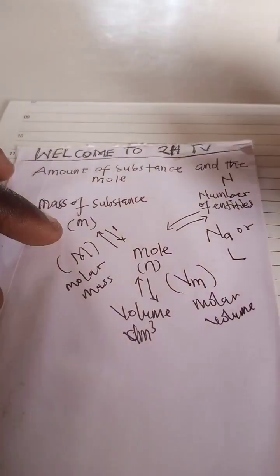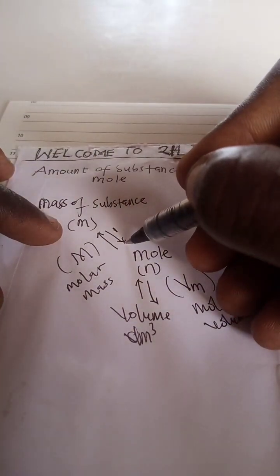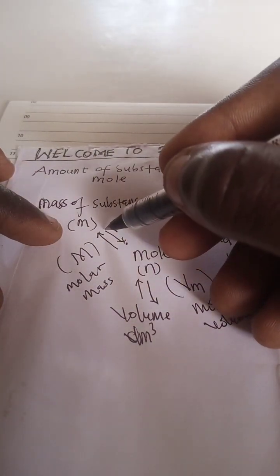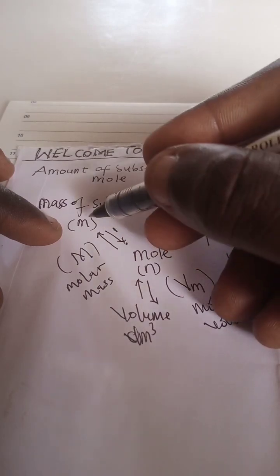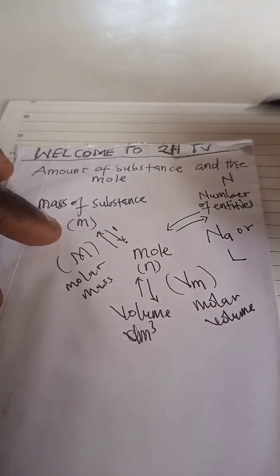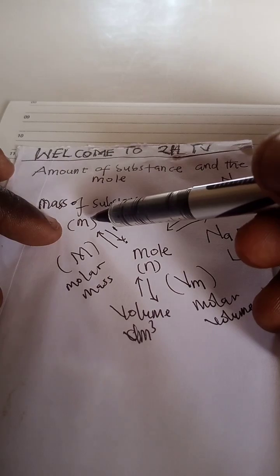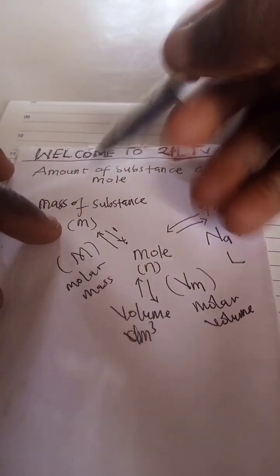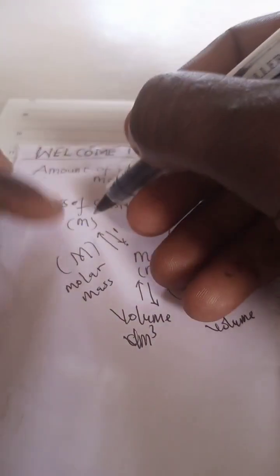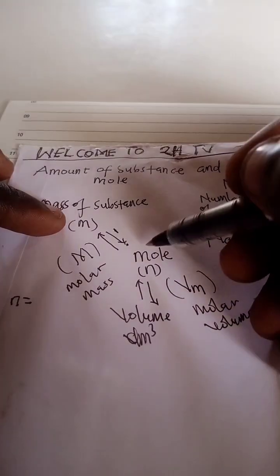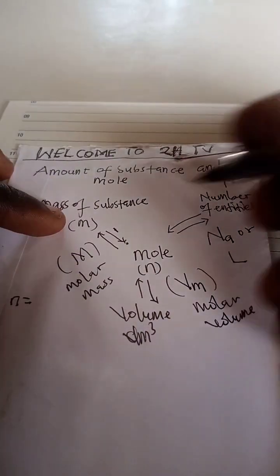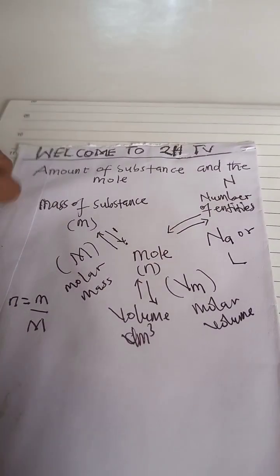Where the head of the arrow is, that's what you are in need of, and where the arrow comes from is what you have been given. So when you are given the mass and you have to find the mole, your mole now is equal to what you know, that is mass over the molar mass. You get the concept?